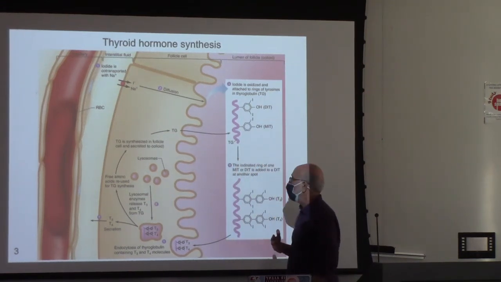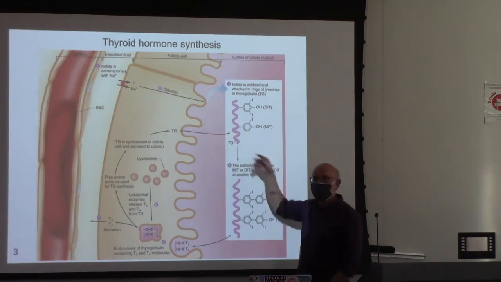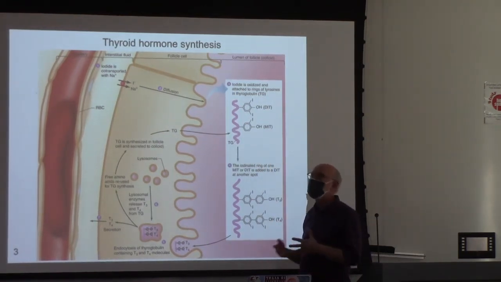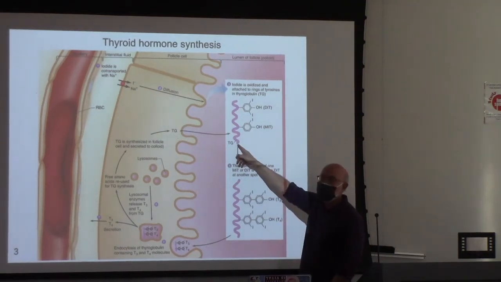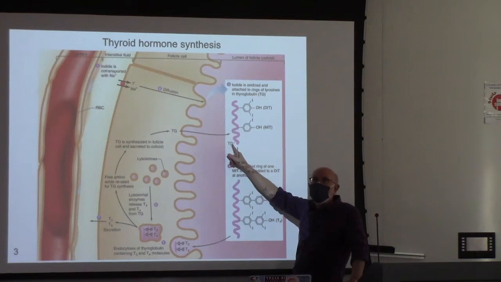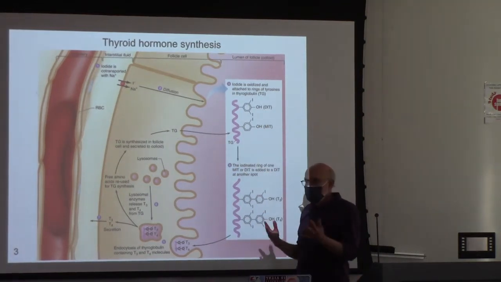The follicle cells of the thyroid make a protein by ordinary protein synthesis, ribosomes, etc. They make a protein called thyroglobulin. That's what TG is, thyroglobulin. Thyroglobulin is a protein. That's all it is.